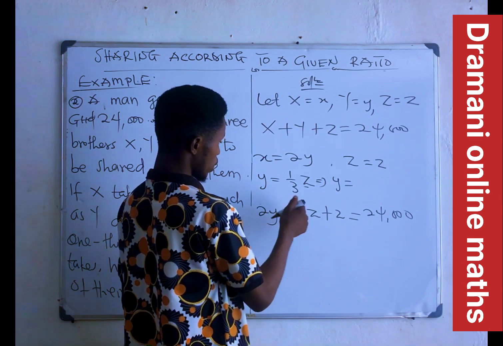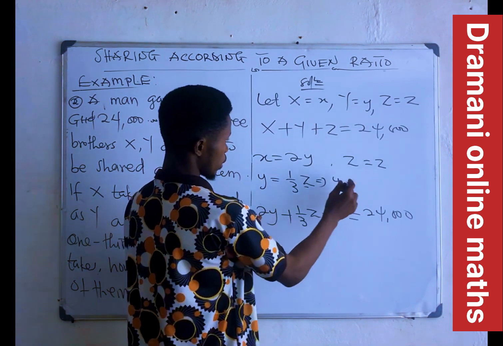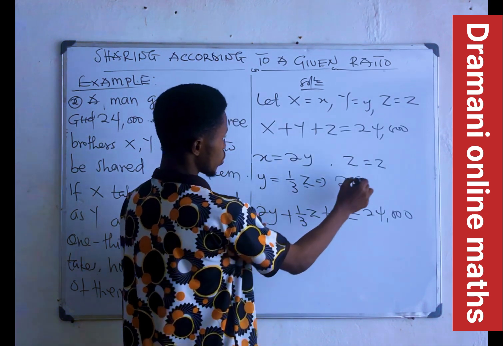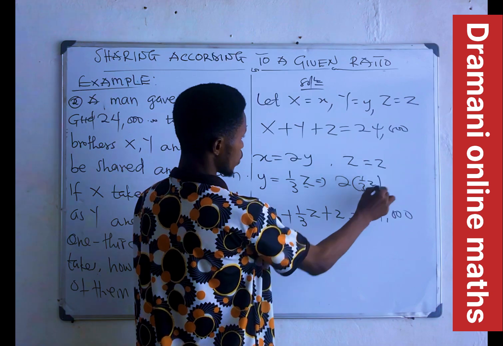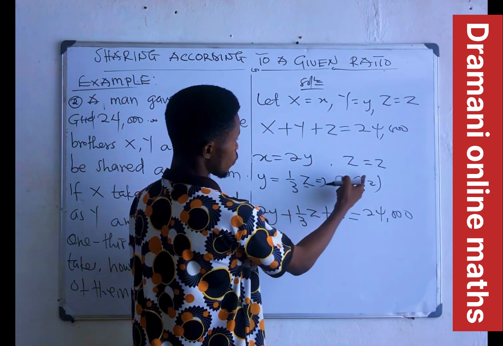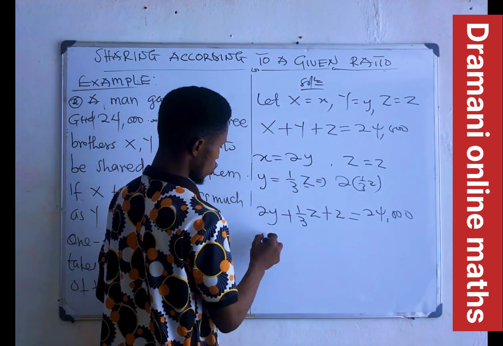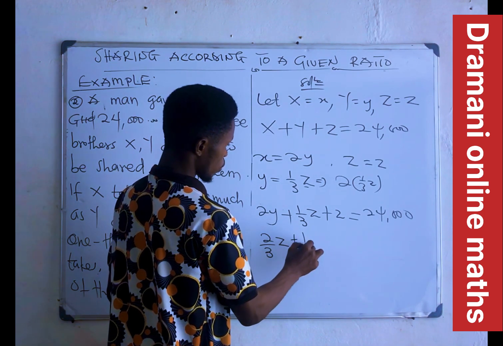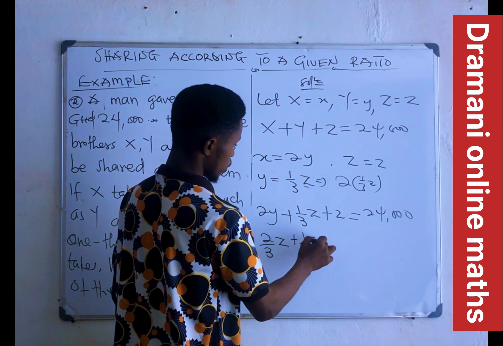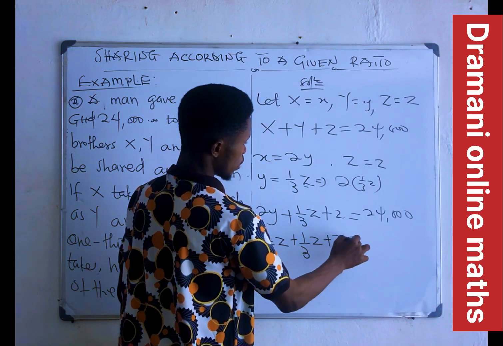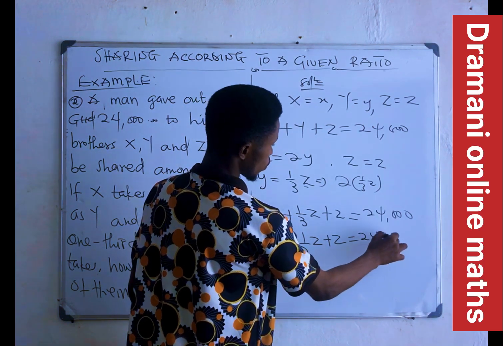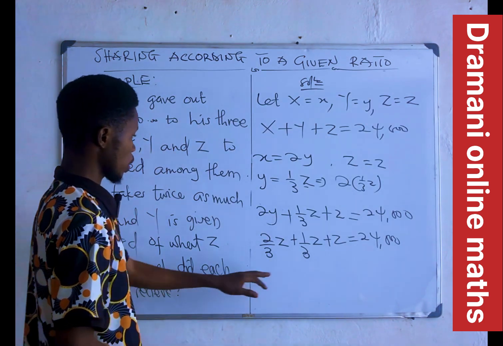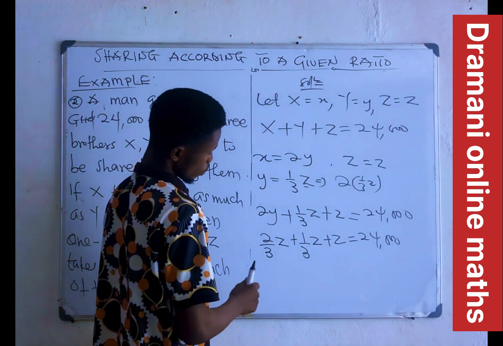So it means that wherever I see y, I should put 1/3z. So 2 times 1, that will be 2/3z. So here will be 2/3z plus 1/3z plus z equals 24,000. Is that okay?